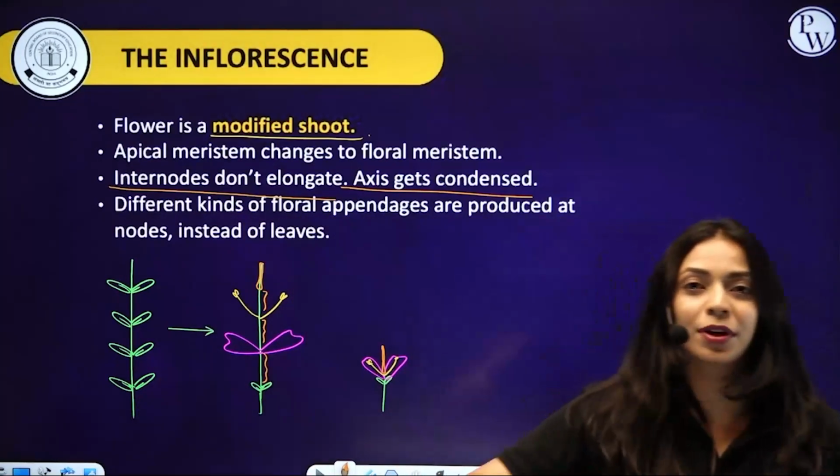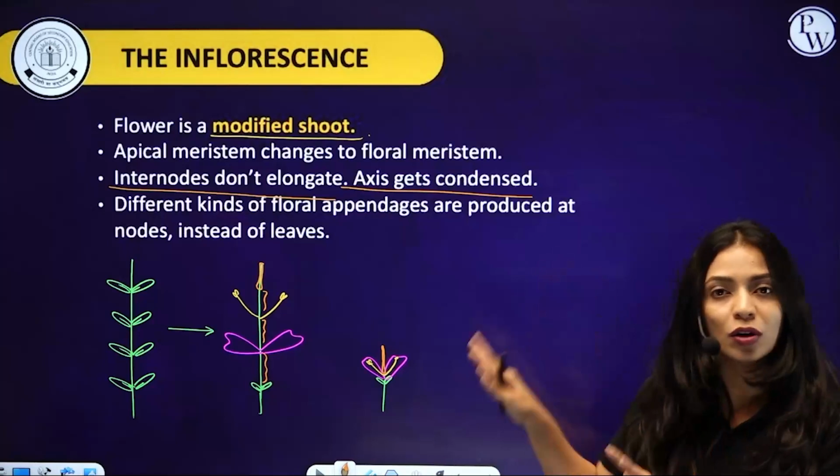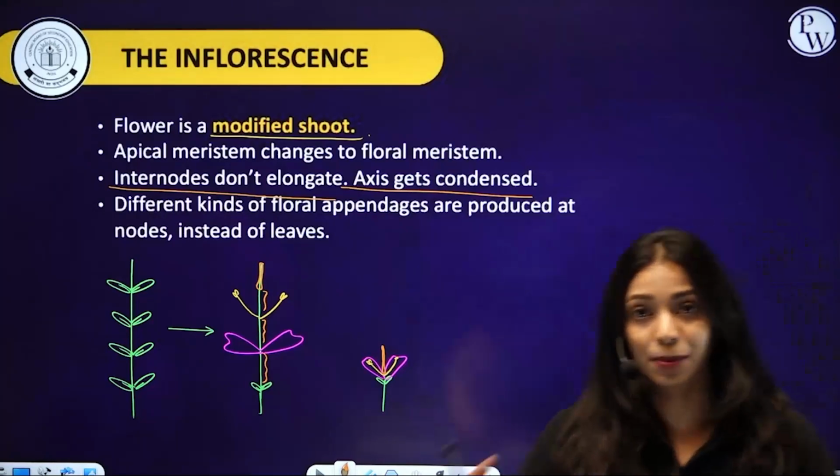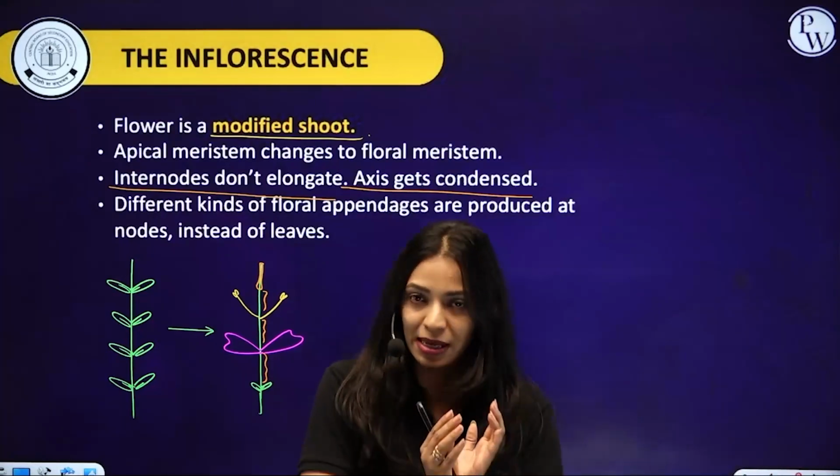So what will happen in the flower is, it will appear like all of these different parts, sepals, petals, stamen and pistil, it will seem like they're all coming from the same point.